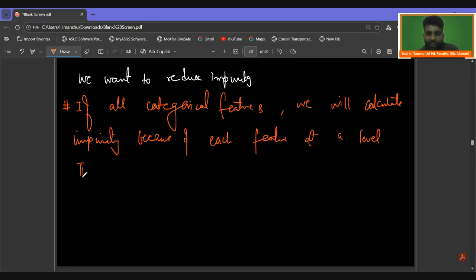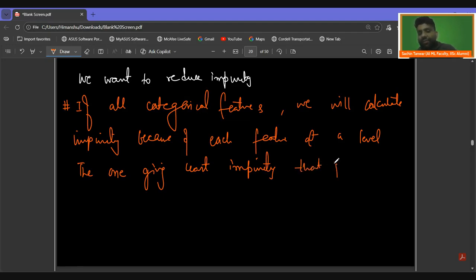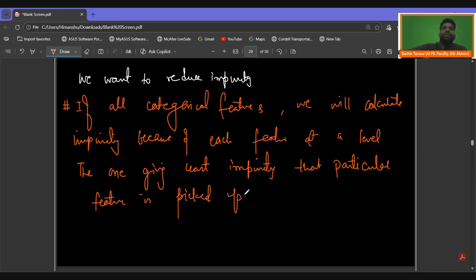The one giving the least impurity, that particular feature is picked up. So I hope you're getting this idea that if I'm having all the categorical features, I would like to calculate the impurity for all of those.